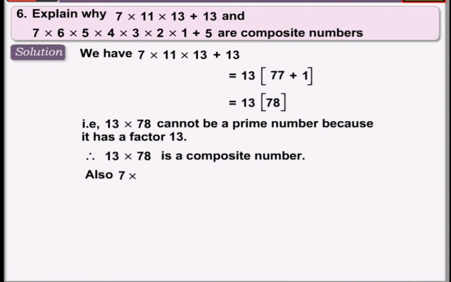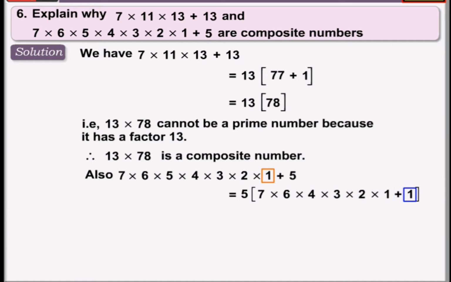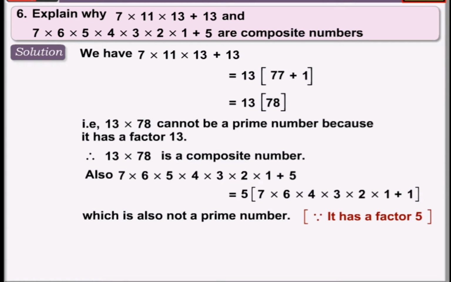Also, 7 into 6 into 5 into 4 into 3 into 2 into 1 plus 5 is equal to 5 into 7 into 6 into 4 into 3 into 2 into 1 plus 1, which is also not a prime number, since it has a factor 5.